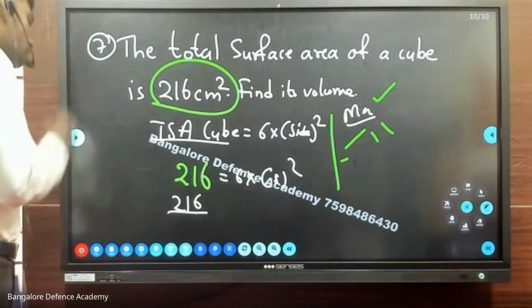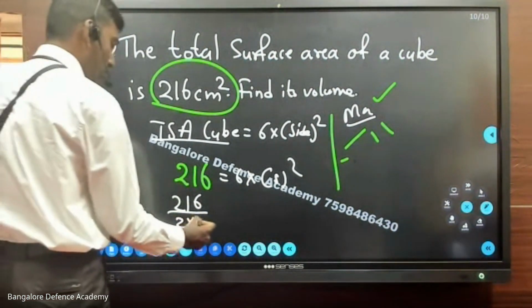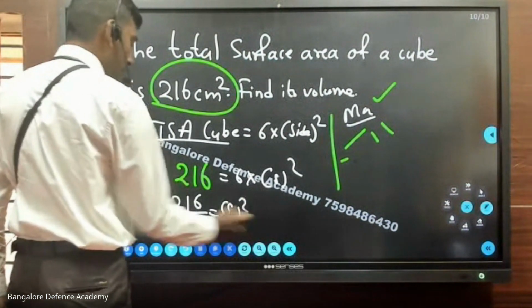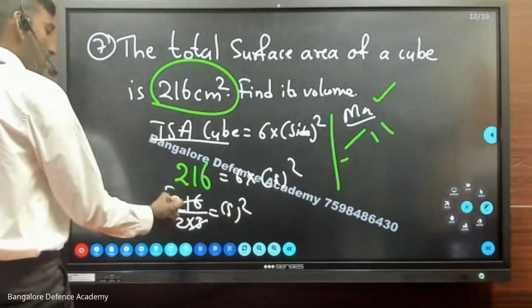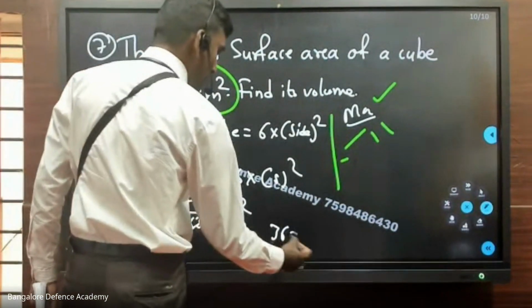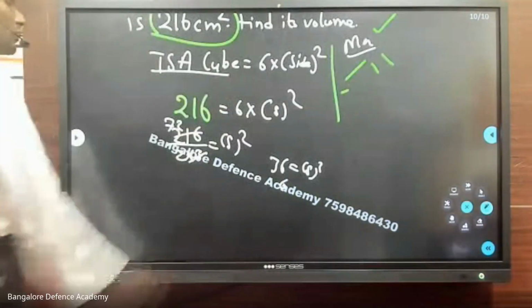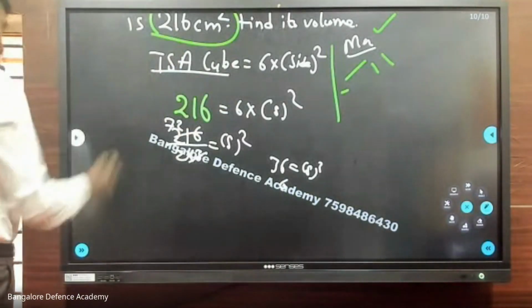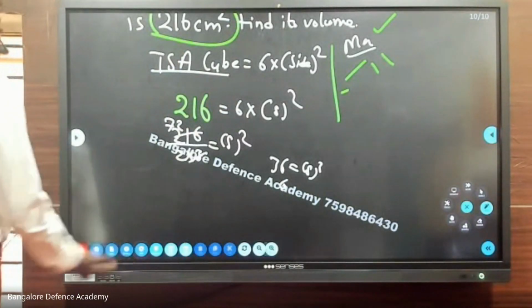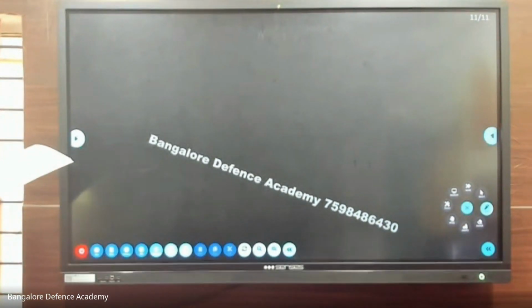You can write this 6 as 2 into 3. This is equal to side square. 3 twos are 6, 72. So half of 72 is 36. So 36 is equal to side square. So side is equal to 6. Correct? The volume of the cube, how much is 6 cube? Once again 216. So what is the volume of the cube here? 216.